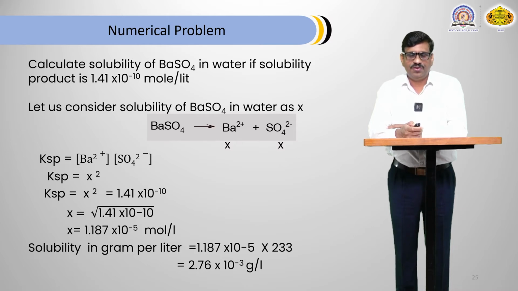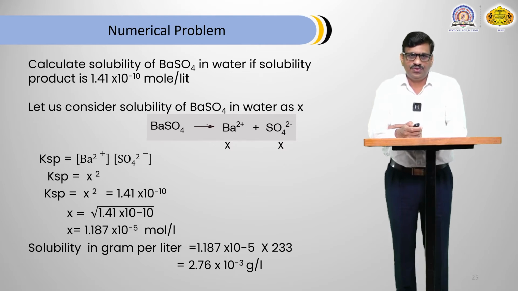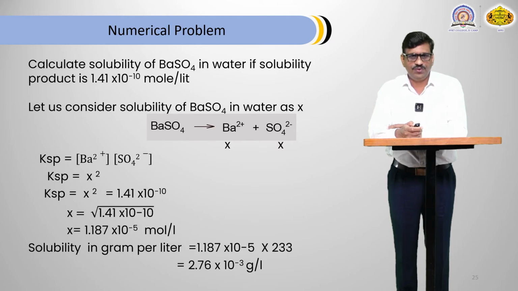That's why X into X, that is X square, is the solubility product. Now the value of solubility product is given and it is 1.41 into 10 raised to minus 10. That's why Ksp is equal to X squared, which equals 1.41 into 10 raised to minus 10.